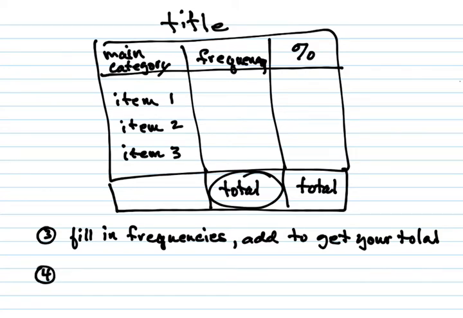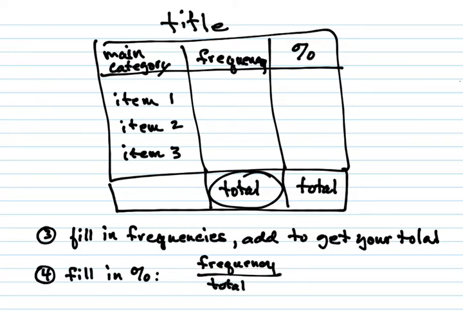And then finally, fill in the percentages. To get your percentages, that's simply the frequency divided by the total. So whatever number you have up here, divided by this total that you just found.